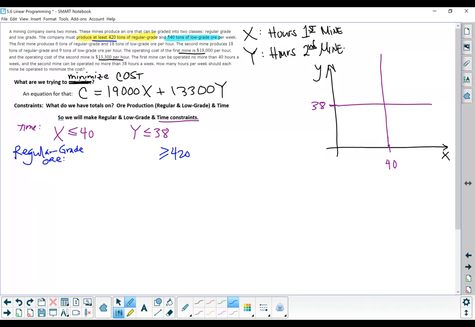And it tells me about the first mine and the second mine. For the first mine, it's 6 tons of regular, and that's per hour, so we times it by the hours: 6x for the first mine. And for the second mine, it's 18 tons of regular grade per hour. So that will be 18y.